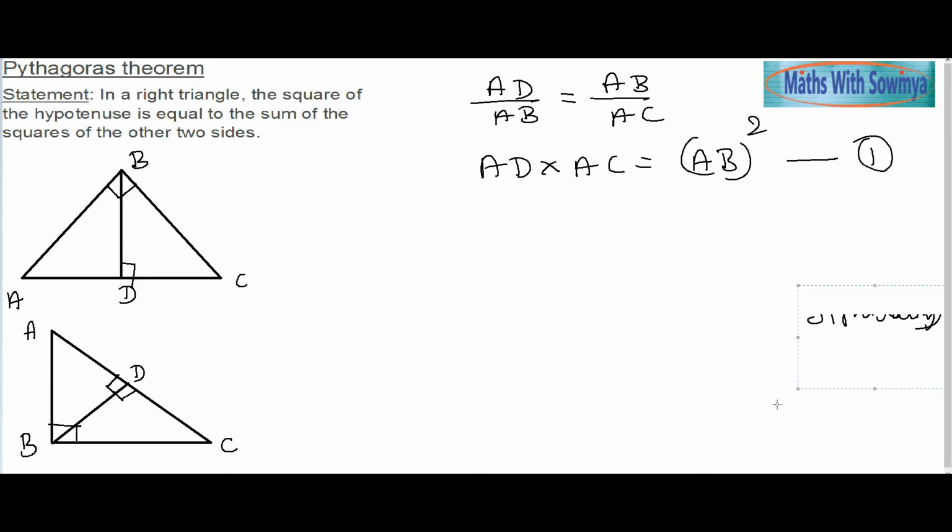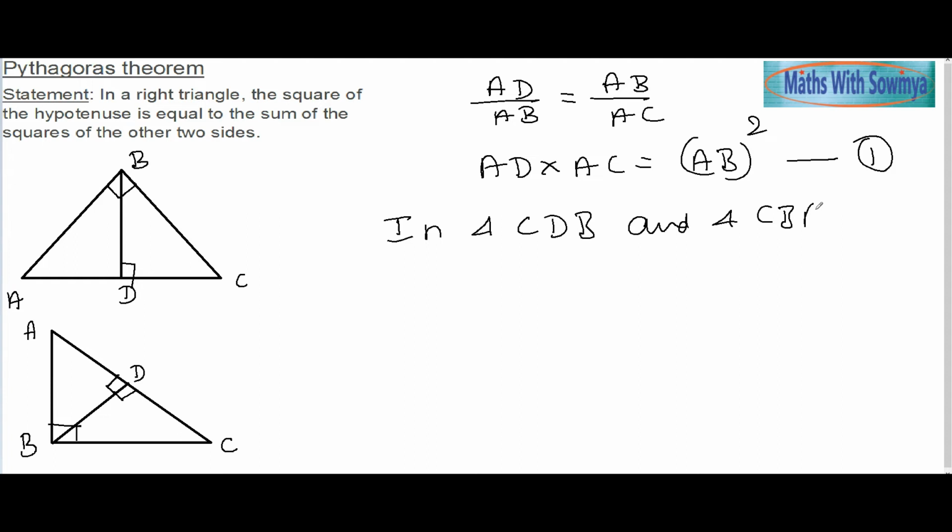Now similarly, we take another two triangles and try to prove them. The last one, which is at the bottom: triangle CDB and triangle CBA. I draw the two once again, CDB and CBA.